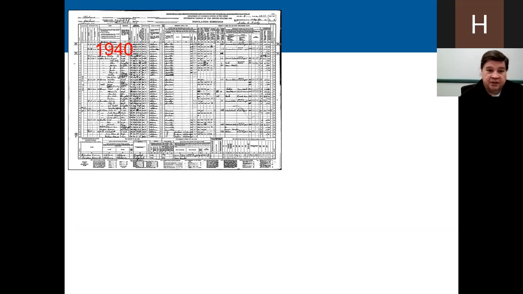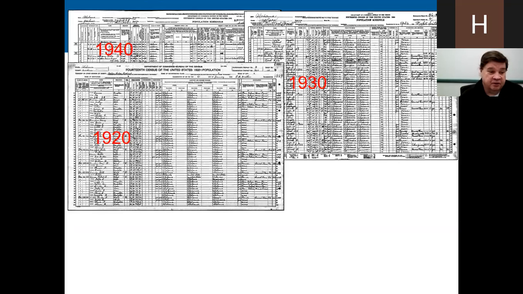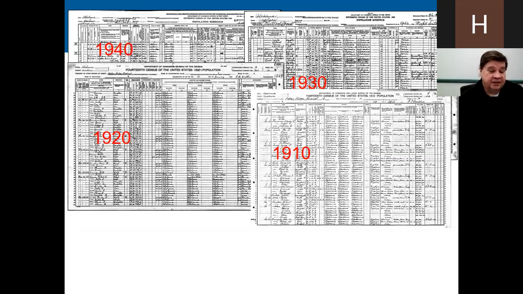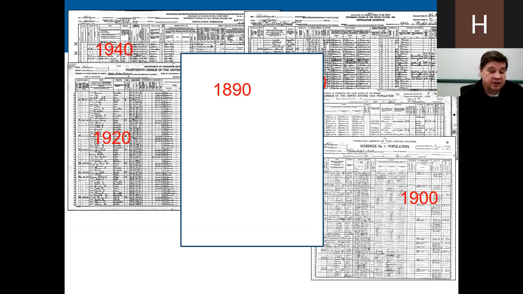The federal government has taken a census every 10 years beginning in 1790. The most recently released one is 1940. They're kept private for 72 years just to ensure people's privacy so that they can answer honestly and truthfully. So when doing census research we start with 1940 and work back to 1930, 1920, 1910, 1900.